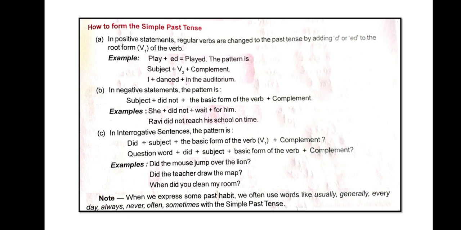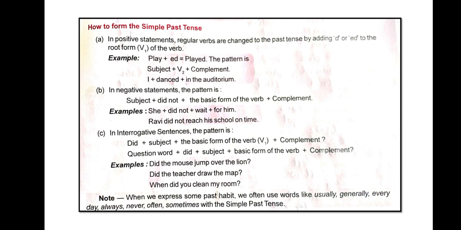Now we will see number C. In the interrogative sentence, what is the pattern? Did plus subject plus the basic form of the verb plus complement. First we use did in the question sentence. If we are using any question word, for example what, when, why, then the question word comes first, then did, then subject plus basic form of the verb plus complement.